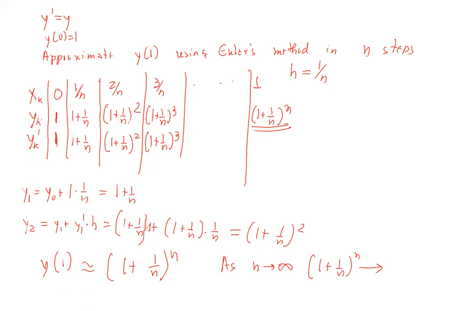No, it's not 1. It's a good guess, actually. The reason why it's not 1 is the base tends to 1. Yes, but the exponent tends to infinity. No, it's not 0. It will be at least 1. And it's not infinity, actually. Infinity is an excellent guess, but it's not infinity.